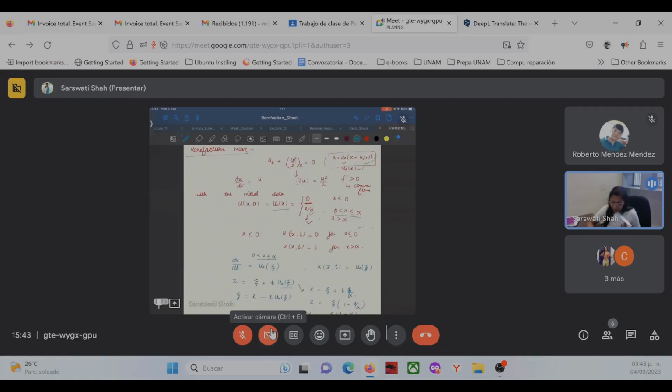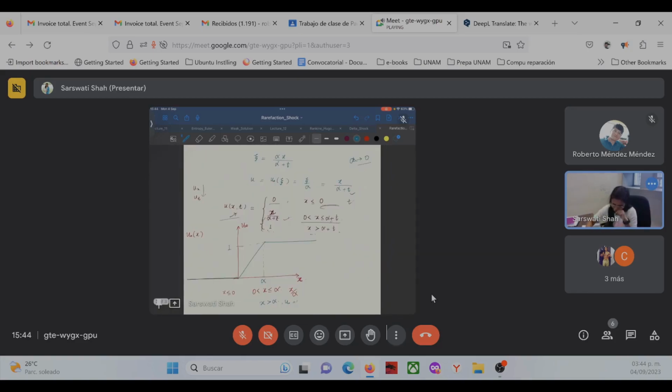When alpha tends to 0, this point will collapse. Just focus on the domain: x less than or equal to 0, x greater than alpha. So when alpha tends to 0, there will be no concept of the interval 0 to alpha. Is it clear? So we will be only in this when alpha tends to 0.